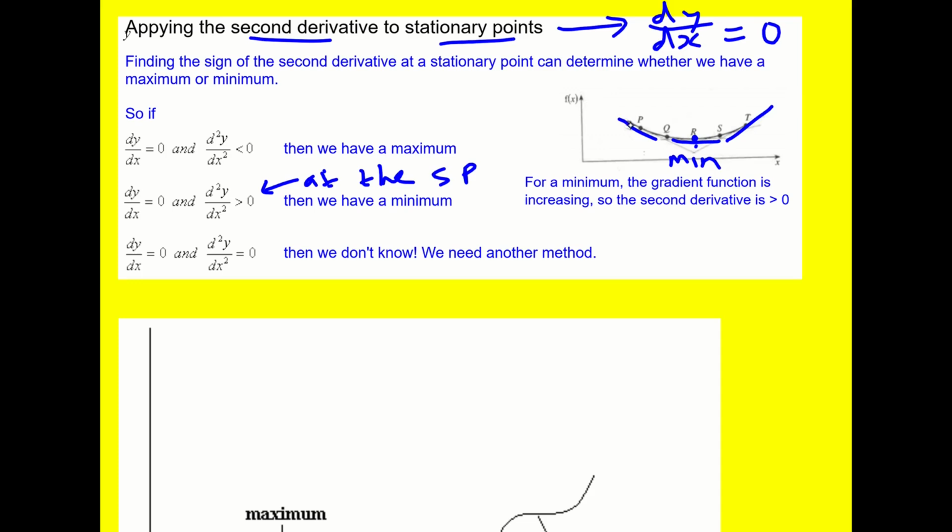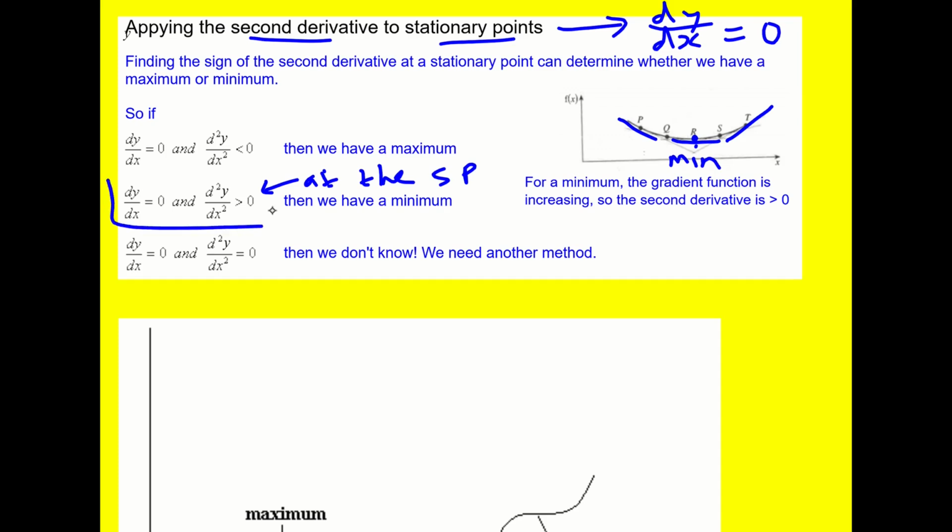You can see it's going from negative to positive. It's actually increasing. That's why it's greater than 0, because remember that's what d2y by dx squared is. It's the gradient of the gradient, and the gradient itself is increasing. So the gradient of the gradient is greater than 0. Okay, the main thing is you just need to know this.